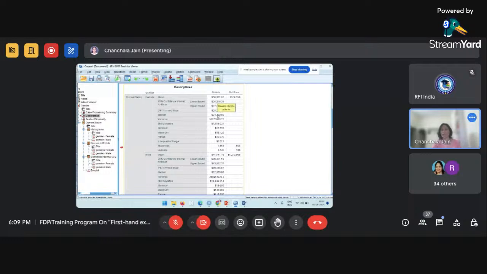For the female and for the males also. 5% trimmed mean: we remove 5% from both sides of the data, and then calculate the mean. So this is 26,248 and 39,445.